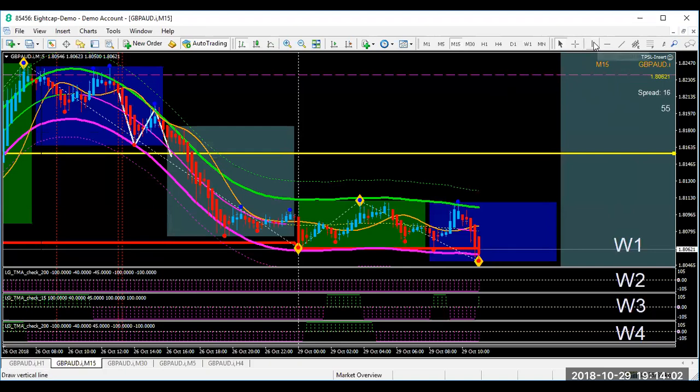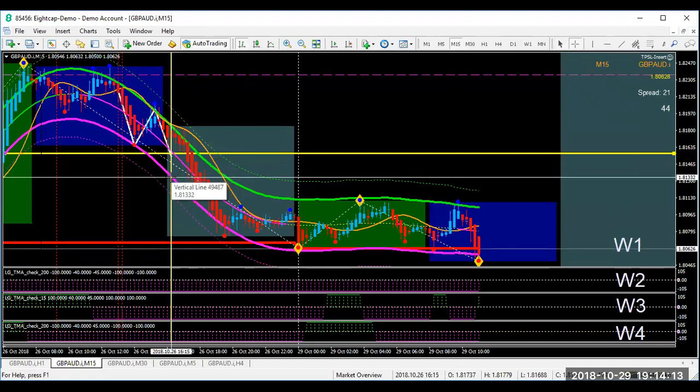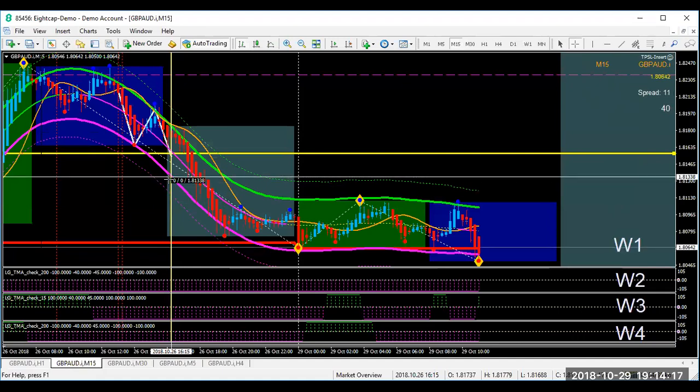I'll mark down where the greedy line went up, say here. Okay, what we can do is where the pink riverbank is, we can actually say, oh, 15 pips. So M15 default's 30 pips. We can add 30 pips from the pink riverbank, very much like we did there.